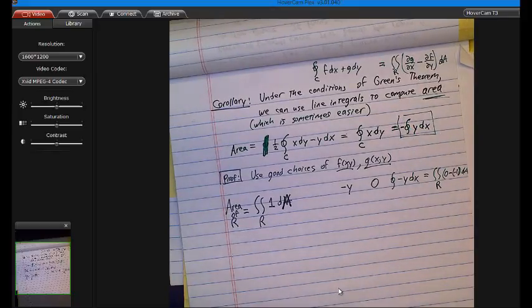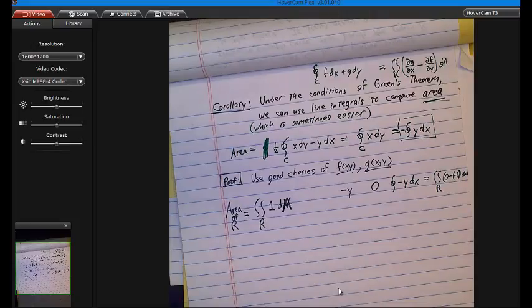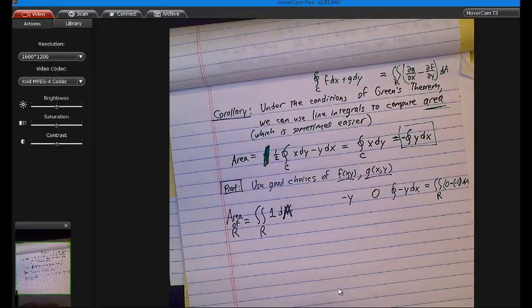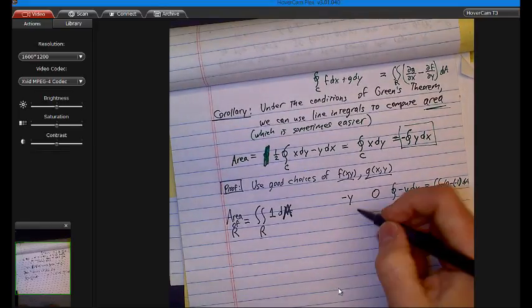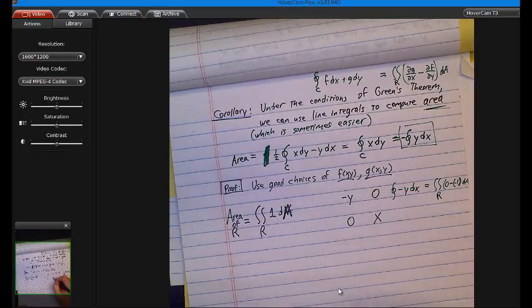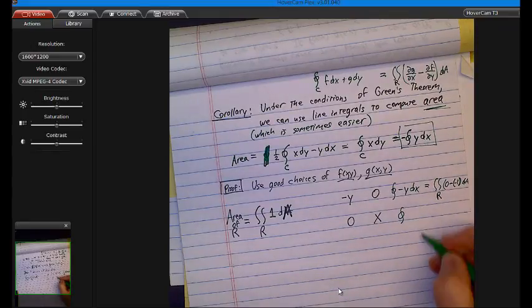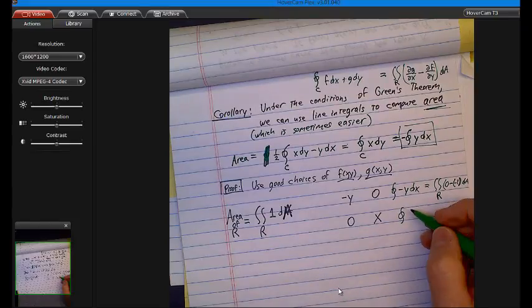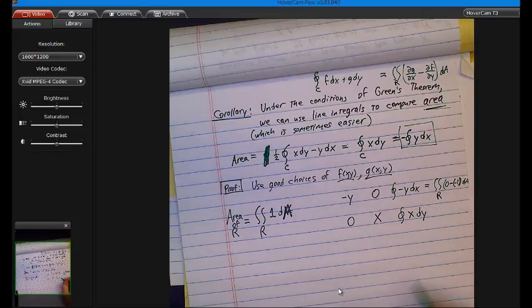That's one way to get area. Are you with me? If I choose f equal to 0 and g equal to x, I bet you could figure out what that does. That gives me the line integral of x dy.